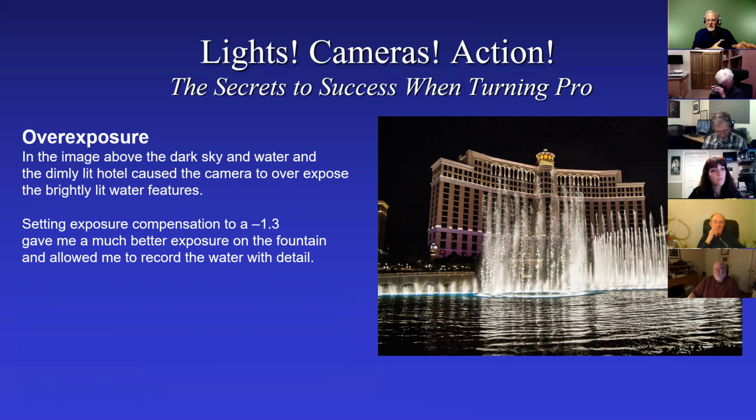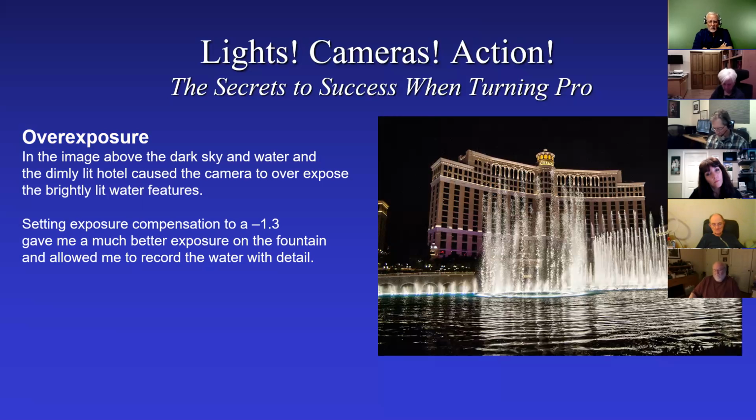Well, this is kind of the same environment. So always recognize your backlighting and your dark backgrounds as requiring some exposure compensation. Now, remember, shooting in manual mode, there's the ultimate exposure compensation. You're telling the camera exactly what you want it to do.